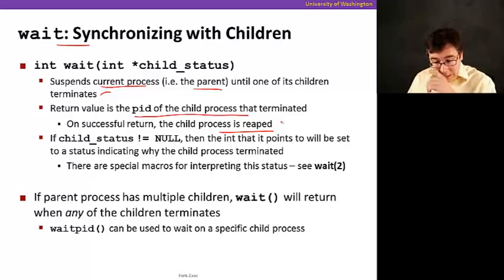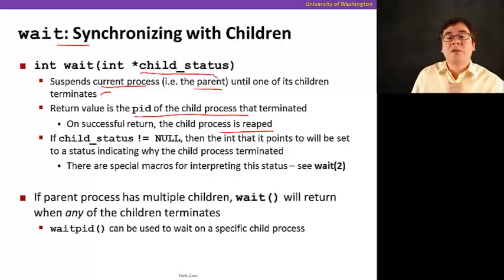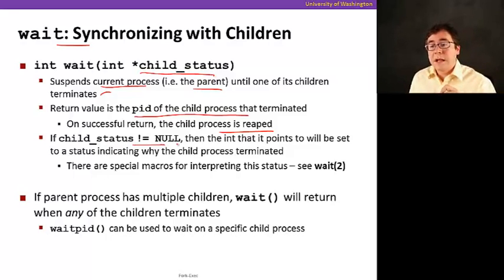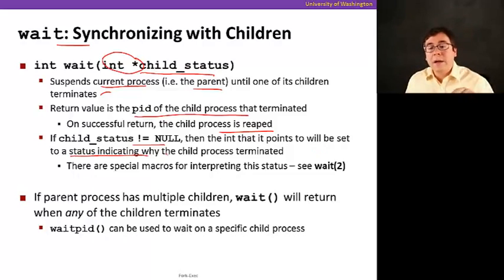By the way, there's a parameter to the wait function, the child status. If it's set to not null, then the integer that it points to, because it's an integer pointer, will be set to a status indicating why the child process terminated.